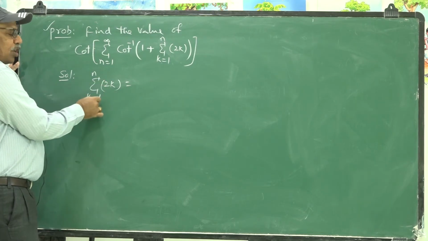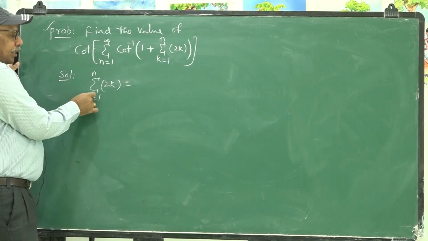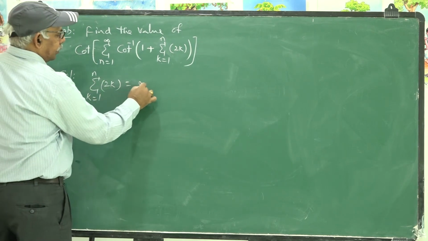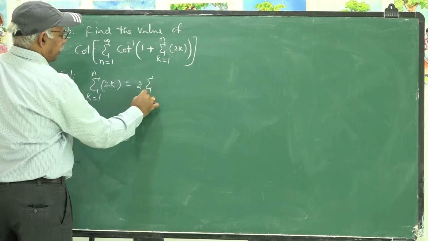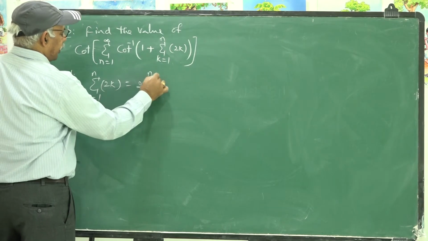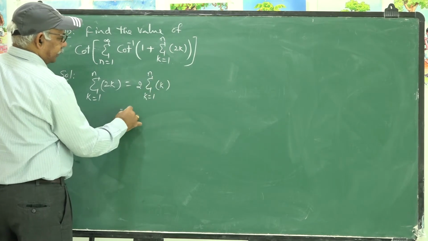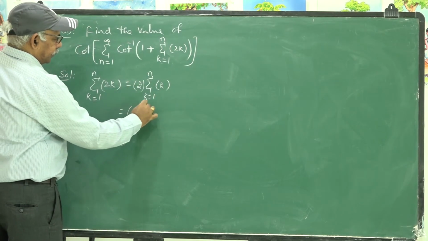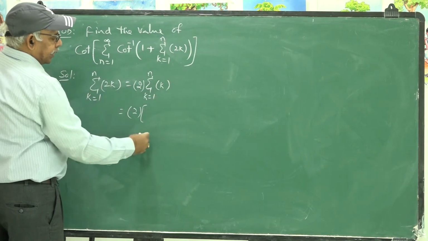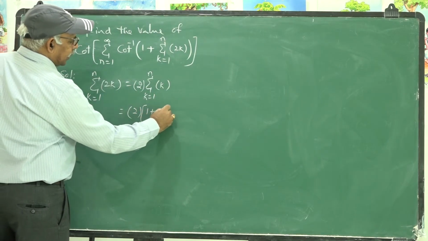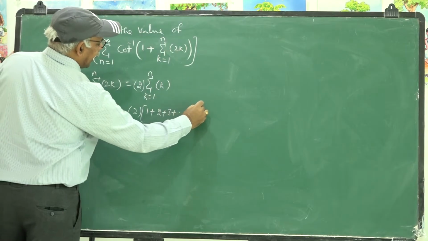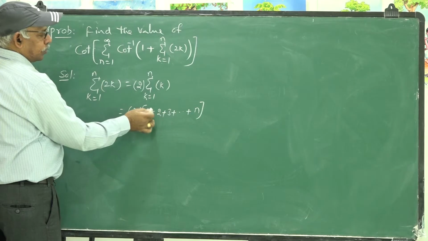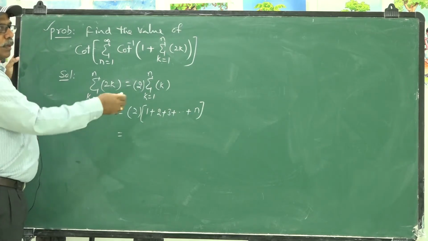This 2 is a constant independent of the summation because the summation is over k. So we can take 2 out, with k equal to 1 to n of k itself. That is 2 into, on expanding the sigma notation, 1 plus 2 plus 3 plus up to n. For k equal to 1 we get 1, for k equal to 2, 2, for 3 up to n.